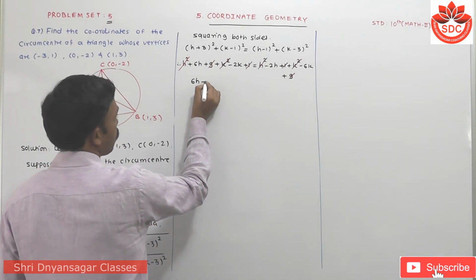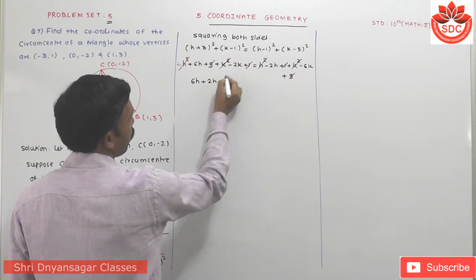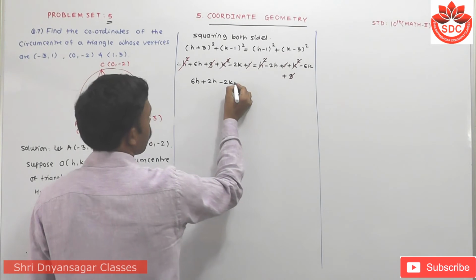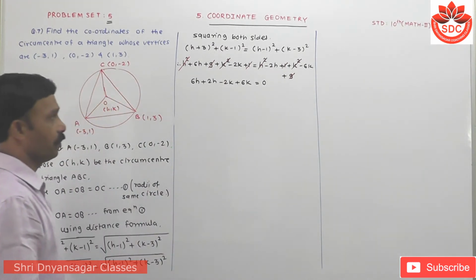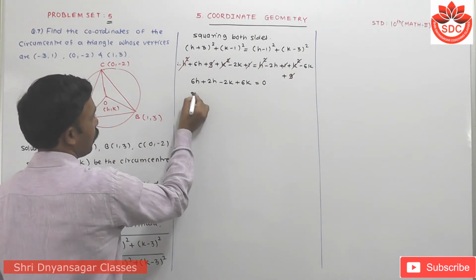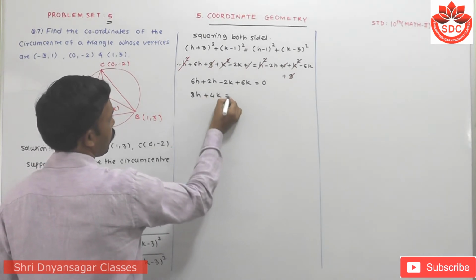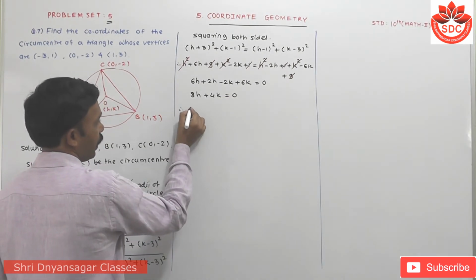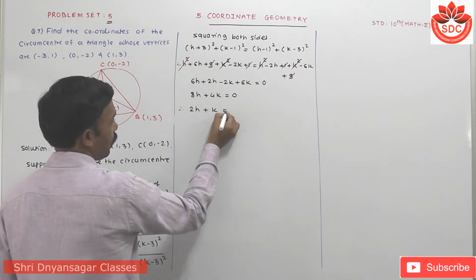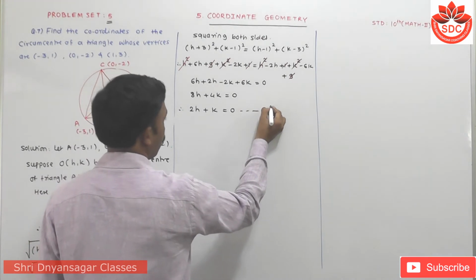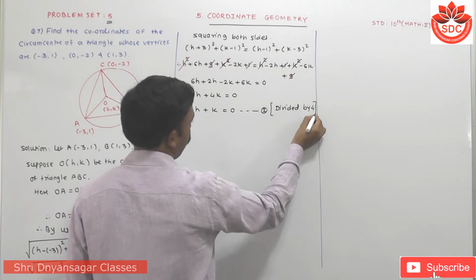When we transpose this twice h, then second, here divided by 4.